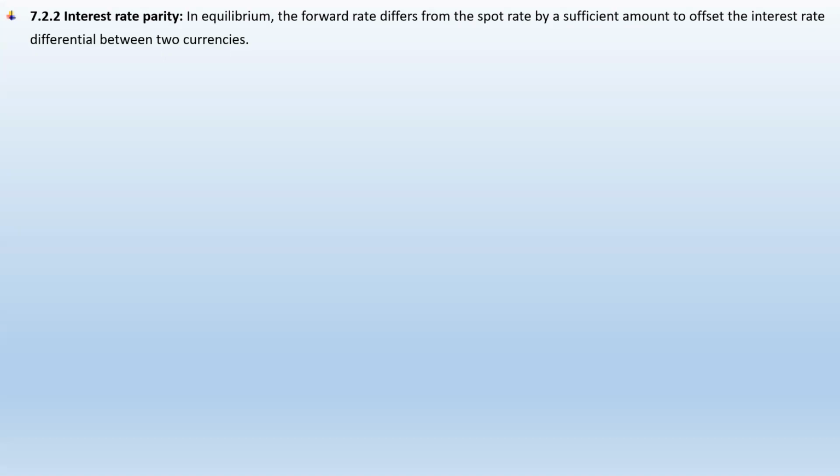Here, we try to find a forward premium or discount, which is basically the forward rate, with which it reaches this so-called interest rate parity status.